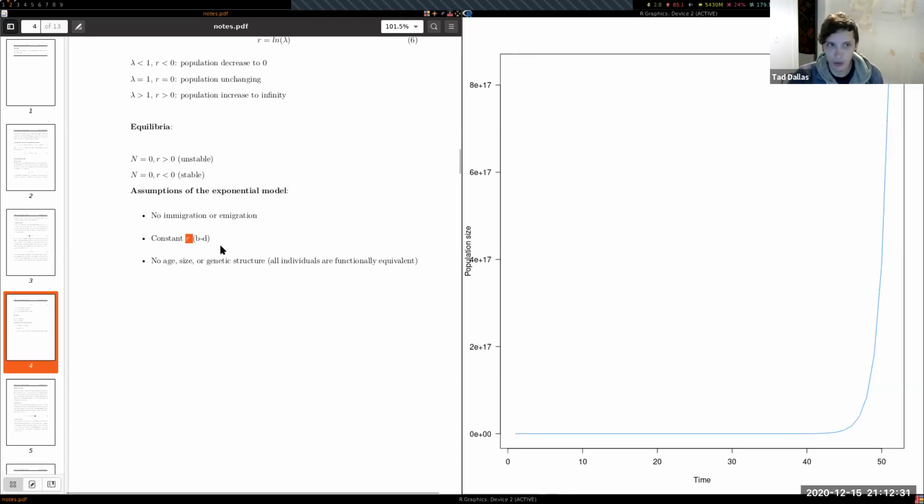Also, individuals don't differentially contribute to population reproduction, right? So there's no age structure, as we'll talk about later, or size structure or genetic structure. This can happen when you have variation as a function of one of these things or something else that causes individuals to not be equivalent in their ability to reproduce.